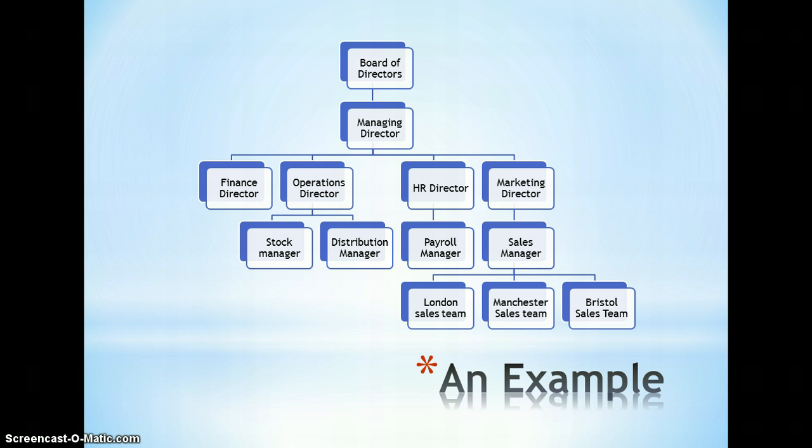Now, that's a very crude explanation of that organisation chart. There is a lot more technical terminology that you need to be able to use, and what I want you to do in today's lesson is to get that terminology, and as I said, next lesson we'll look about using it in more detail.